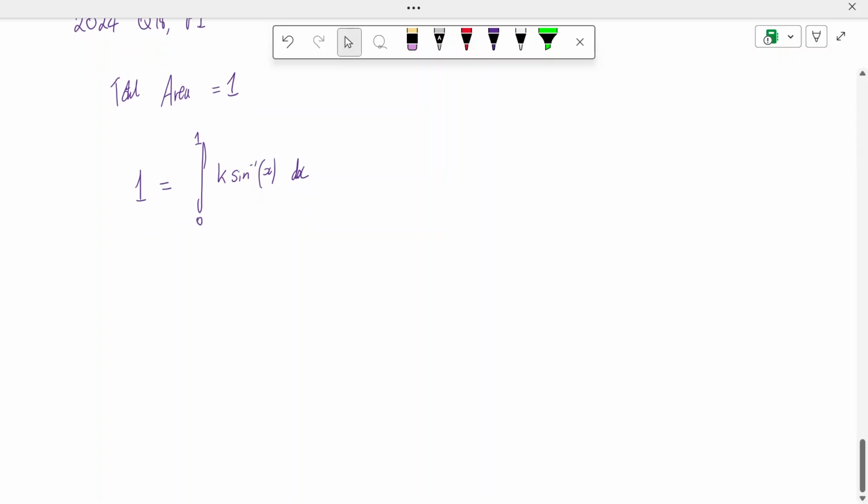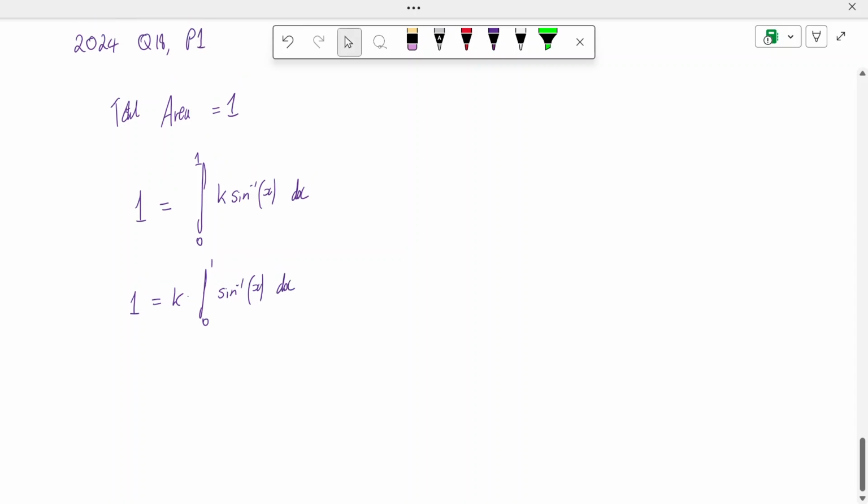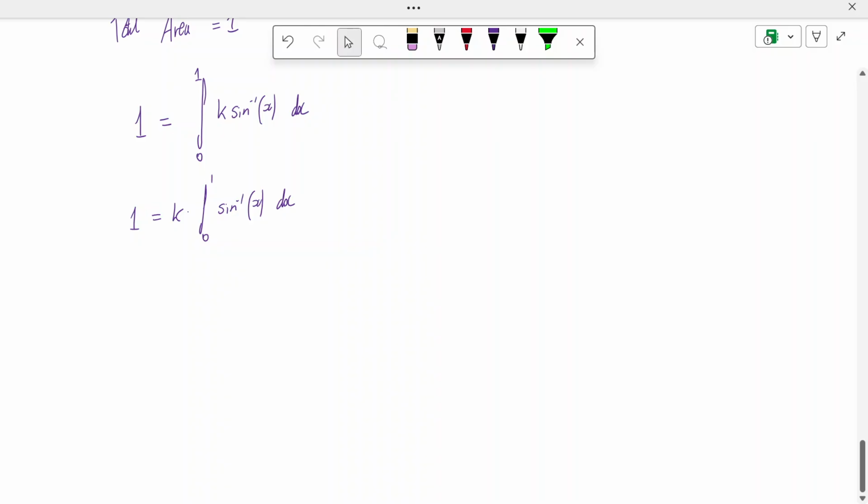So my first step, I'm going to pull k out the front because it's a constant, and I'm left with this integral of arcsine of x dx. Now note that we're on paper 1 here, so we don't have access to a calculator. I'm looking at this and straight away I'm thinking, okay, what were some of the integration techniques that I've got?